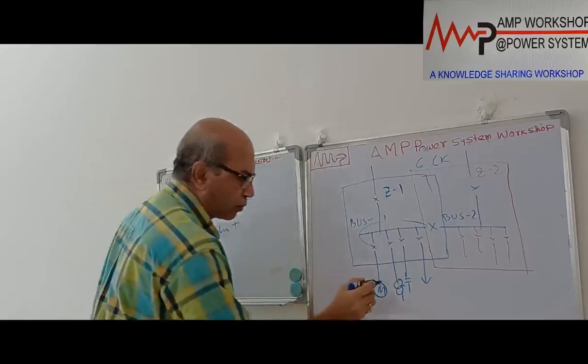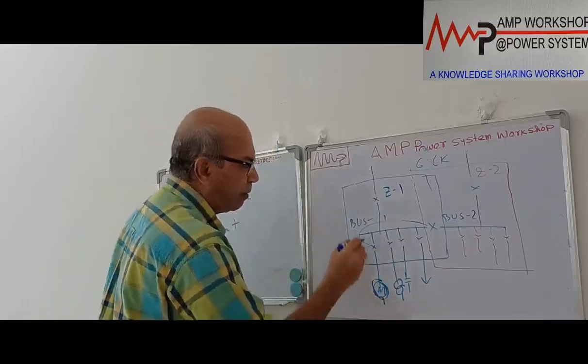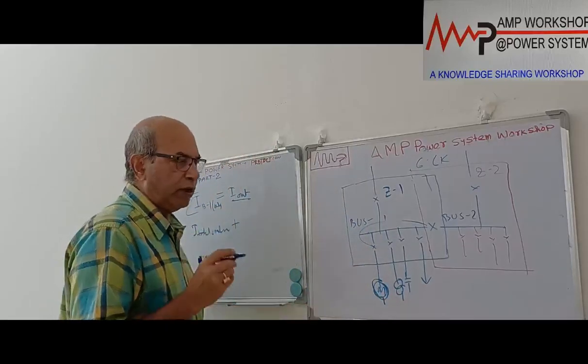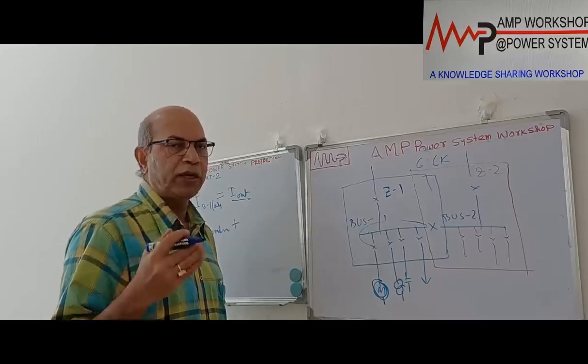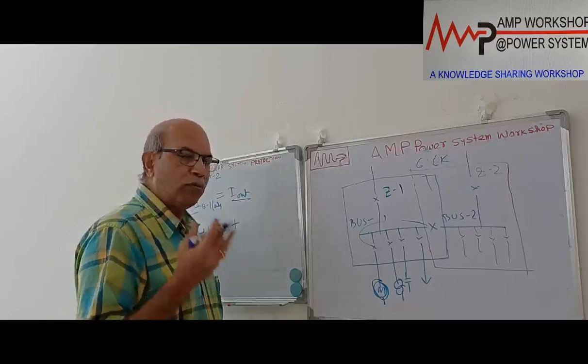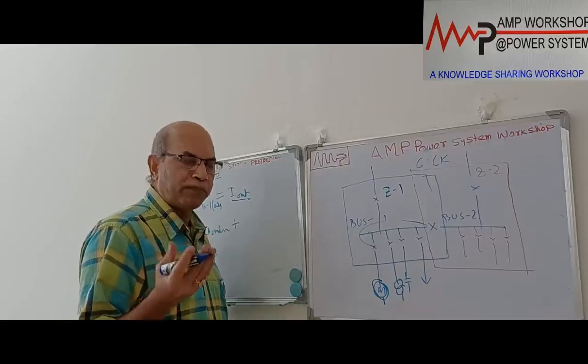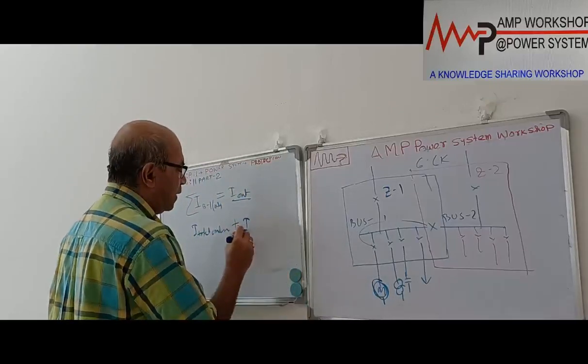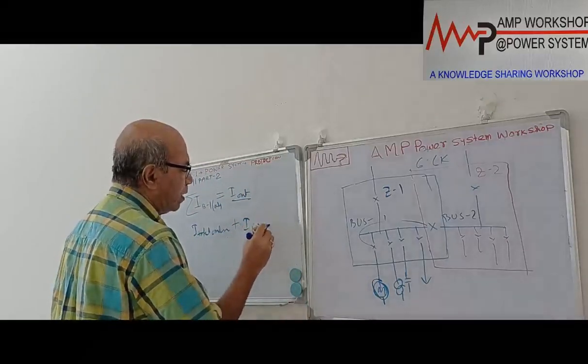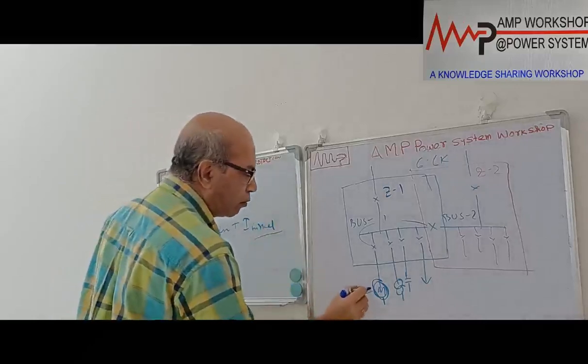Suppose there is a big motor. During starting of the motor, how much current will it take? Because at one time, normally for switchgear, we never consider two big motors getting started at one time. Normally one big motor is started at one time, one after another. So the biggest motor starting inrush we have to consider, I inrush. So suppose this is one of the motors we are going to start.